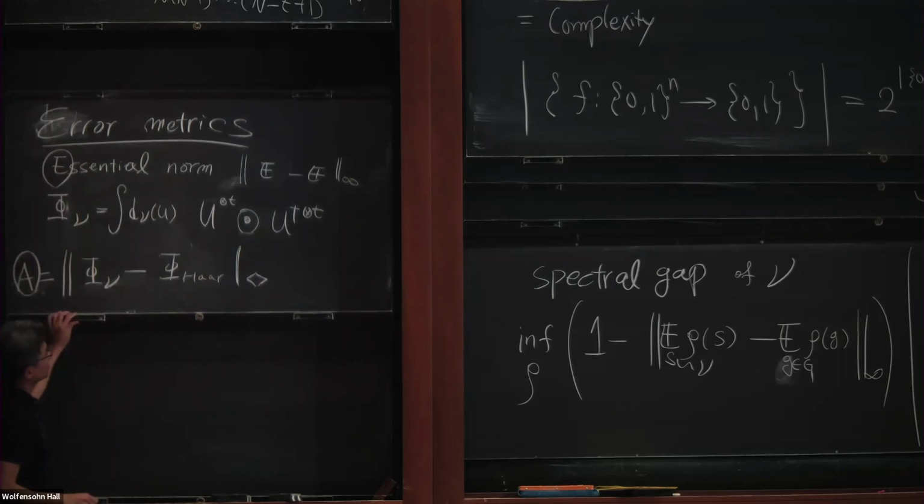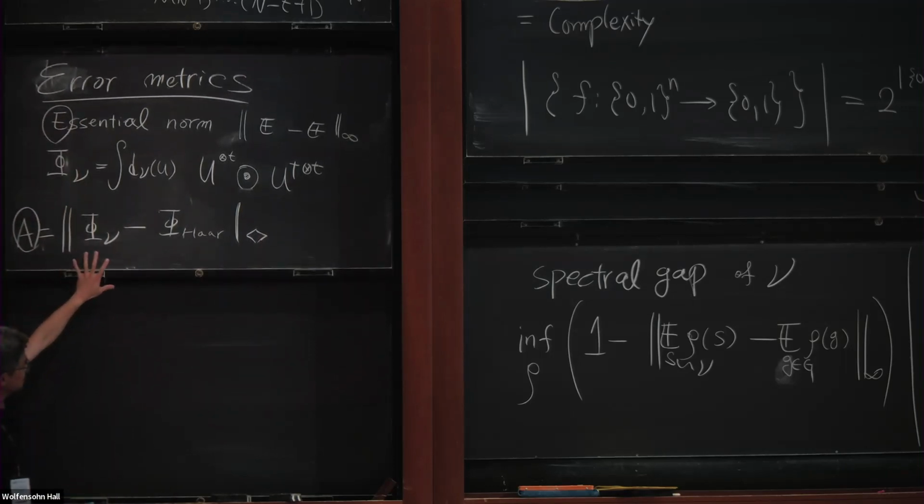So let me call this A, and people call it additive error for the distribution nu, always relative to the Haar measure.